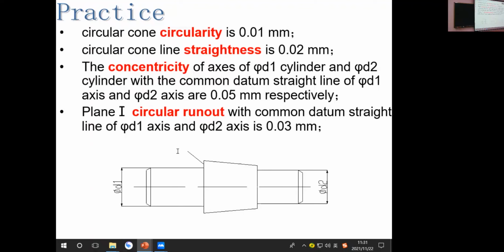This means this surface, with an arrow. An arrow. Also circular runout. And number 5 here.